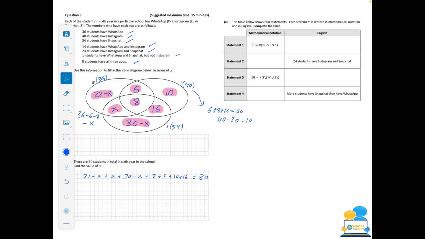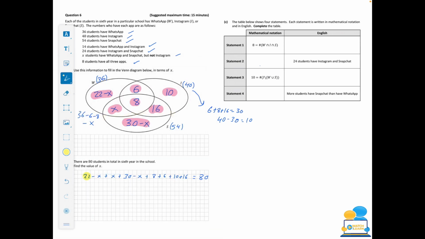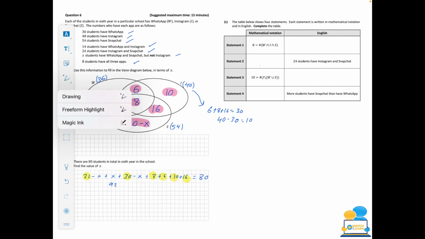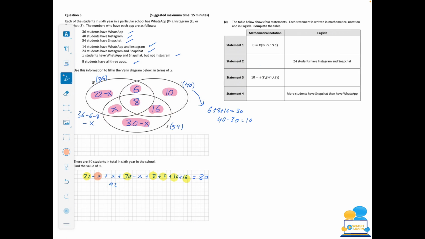Now again, our little bit of algebra here. So we're going to highlight all the numbers that we can add together. When I add all of those up, I should get 92. And now we're going to look at our x's. For the x's then, minus x plus x, they're going to cancel each other out.